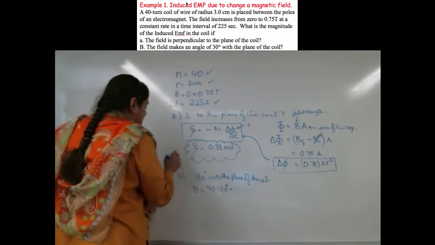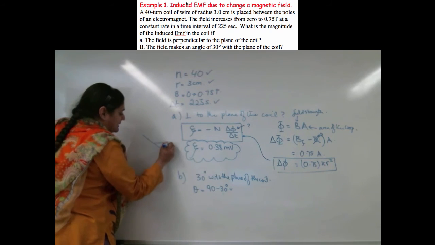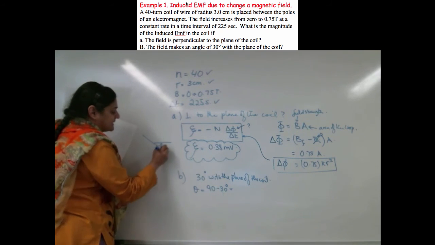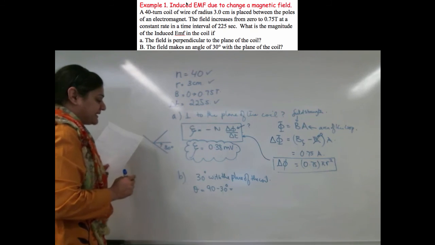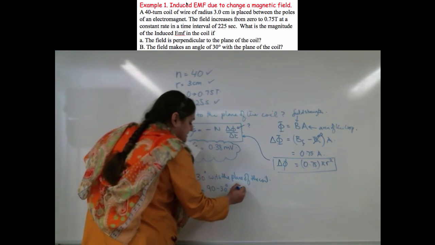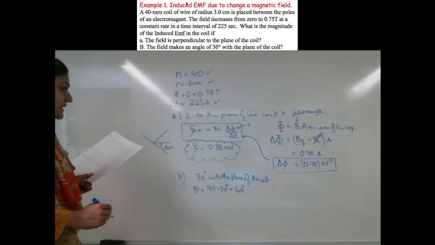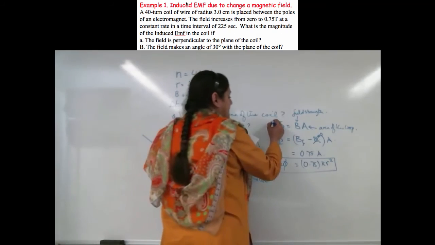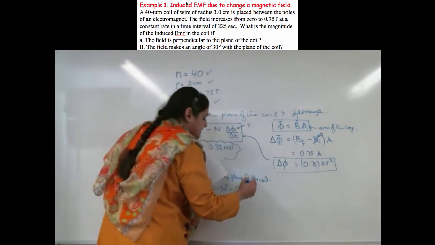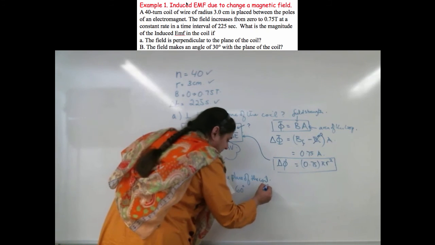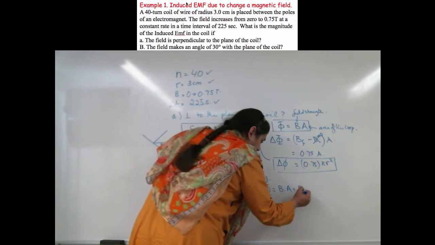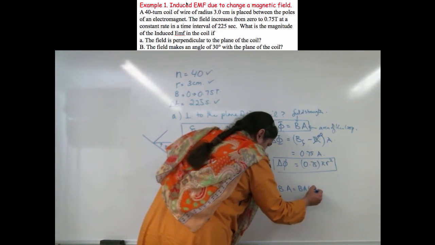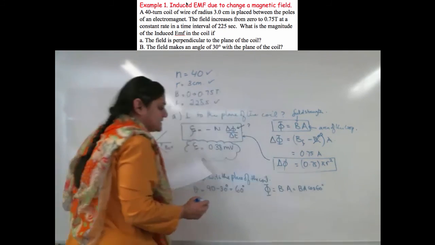This is 30 degrees, so if this is the coil, this is the angle that is given as 30 degrees. But we have to find the angle that's normal to it, which will give me 60 degrees as my angle. So in this case, my flux will become B dot A, or BA cosine of 60 degrees.